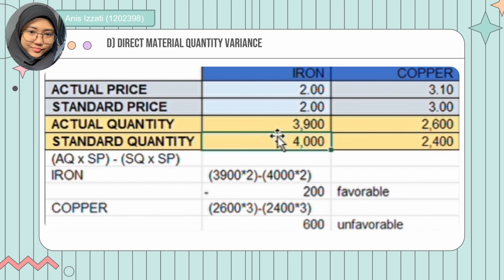So we can see it did not use as much as the standard. And for the copper, the standard quantity should be 2,400, but it has used more than 2,400, more than 200, so here becomes unfavorable, and here becomes favorable.